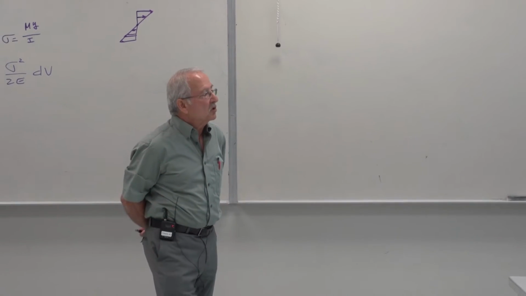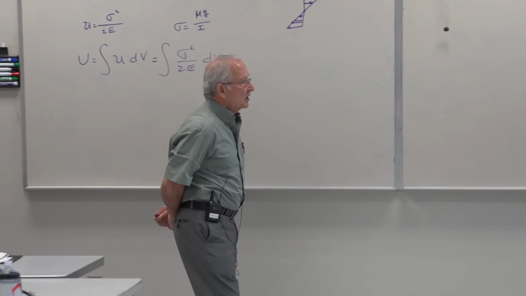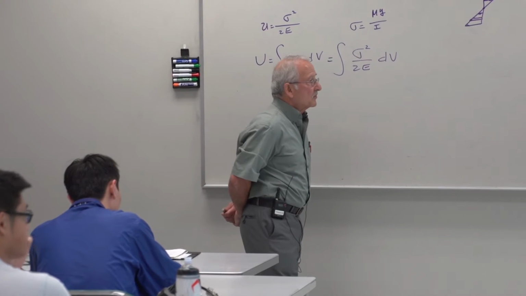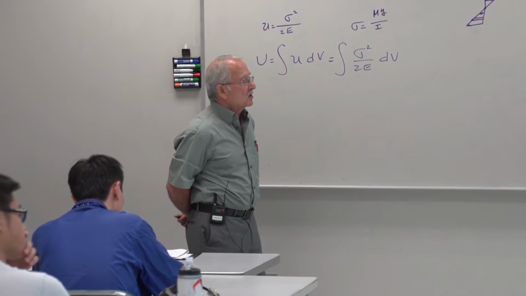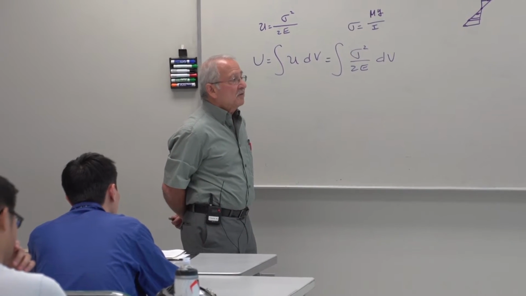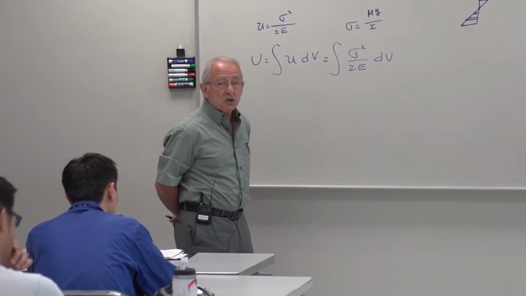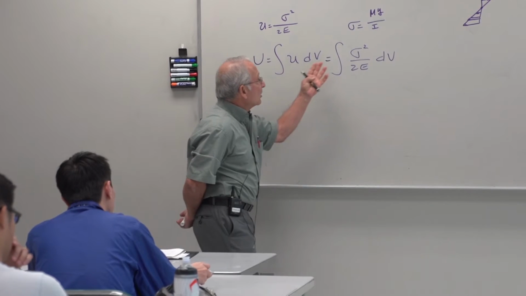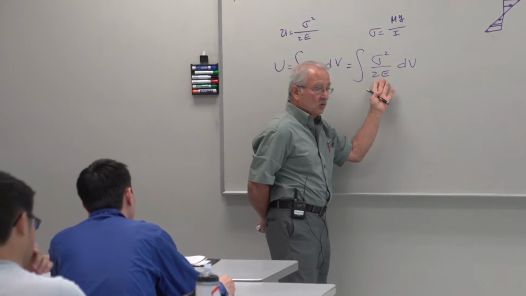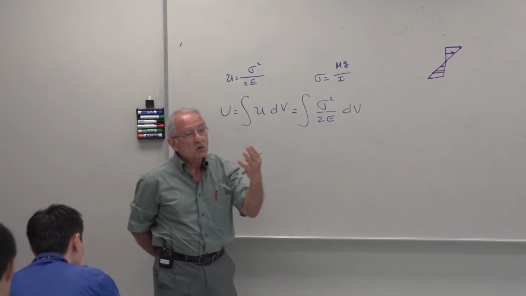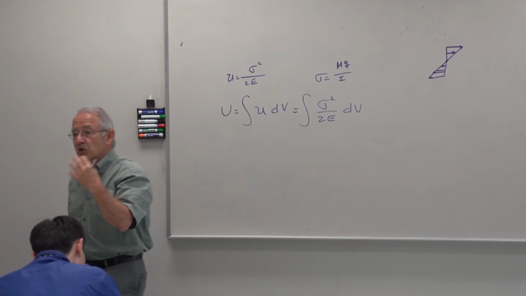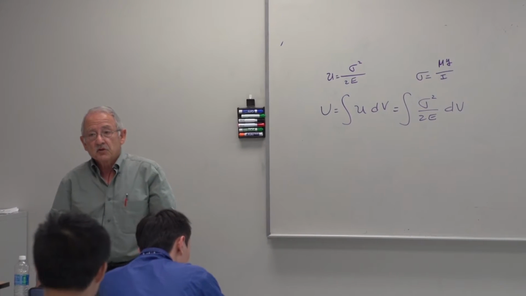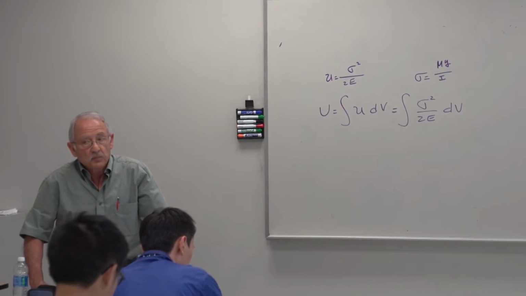This is the same thing we talked about when we said we neglect direct shear stresses or transverse shear stresses. If that is not the case, and if the beam is short, then not only do you need to take a look at the strain energy due to bending, but you also need to take a look at strain energy due to transverse shear, the VQ over It term.